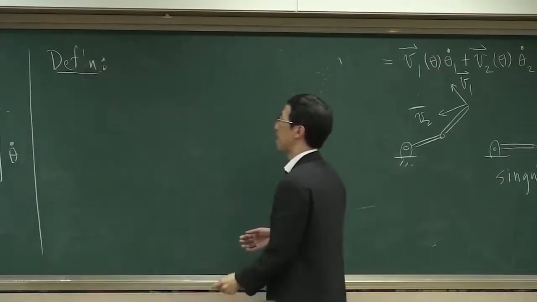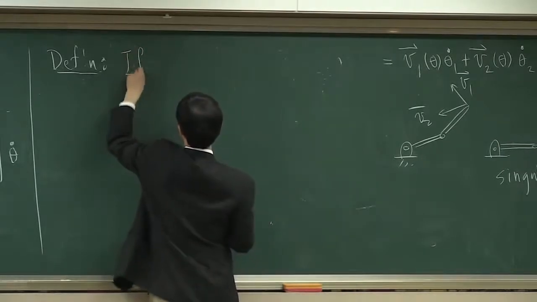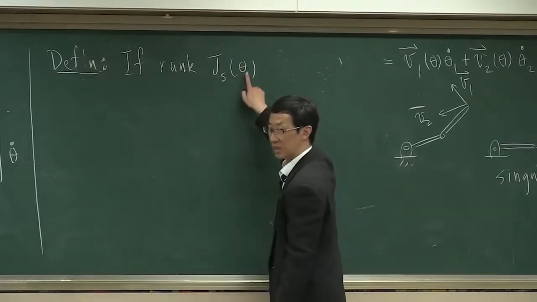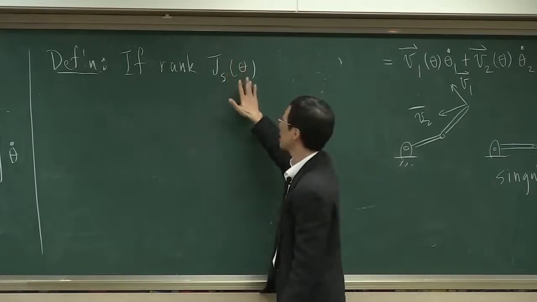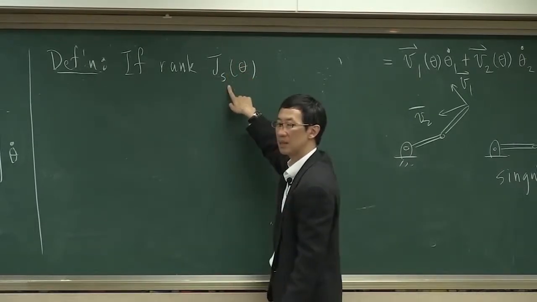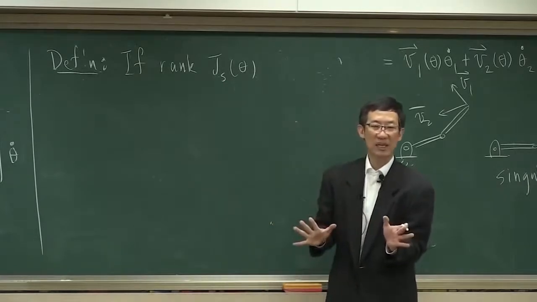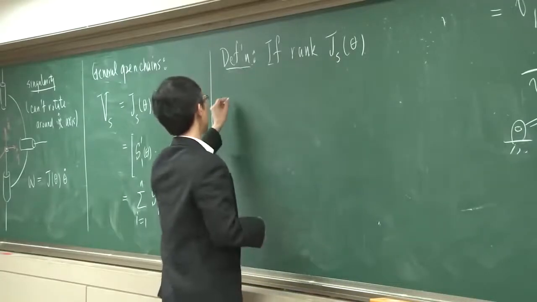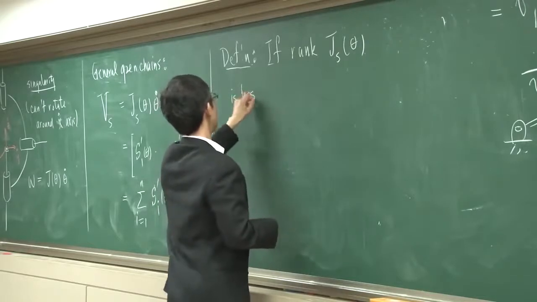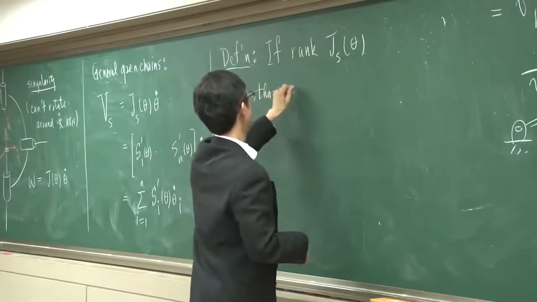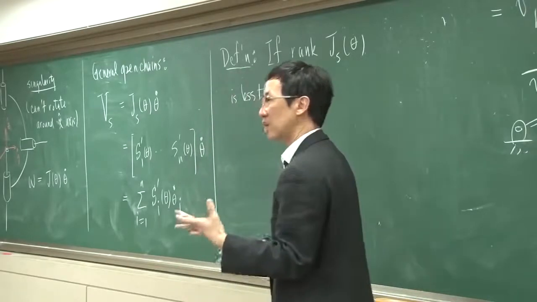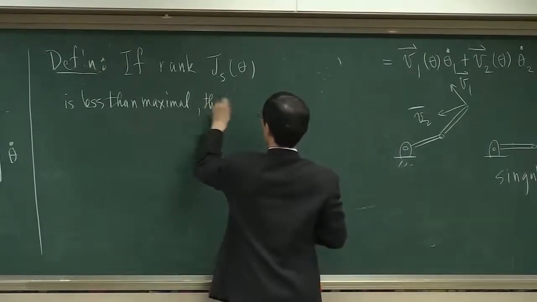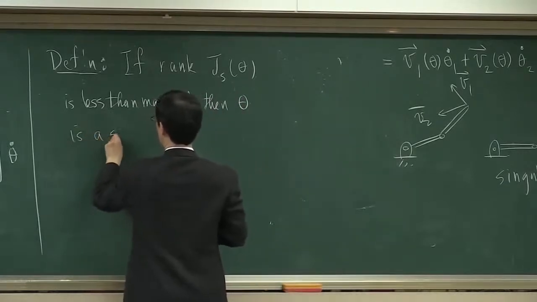If the rank of our Jacobian, which now depends on theta, at a given theta is not the maximum possible rank, so if it is less than 6, less than maximal, then we say that this configuration theta is a singularity.